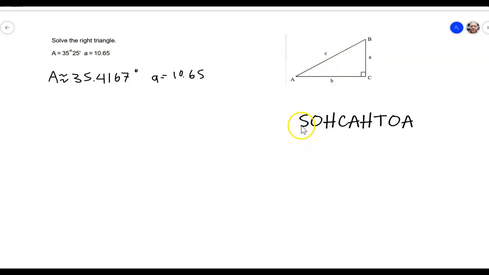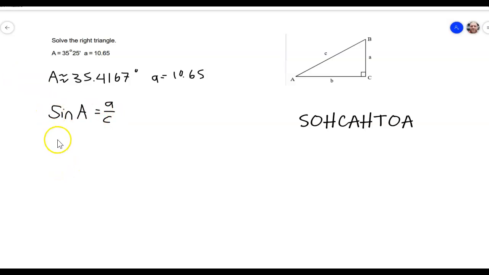I'll use the sine function, though I could have done either one. The sine of A is equal to the opposite side over the hypotenuse, so this is little a over little c.